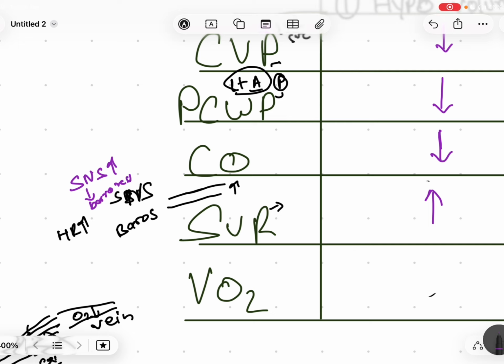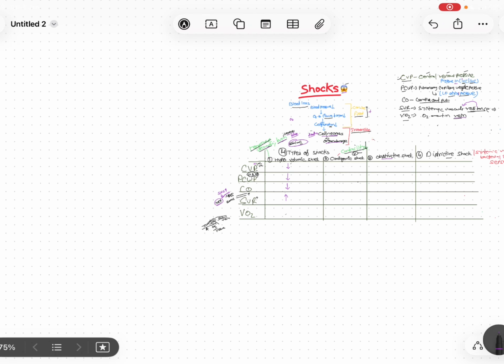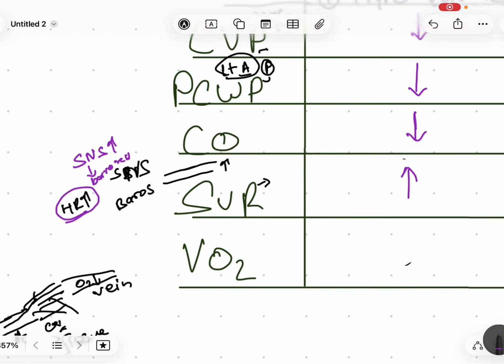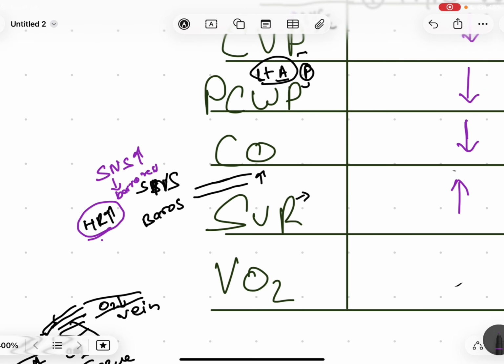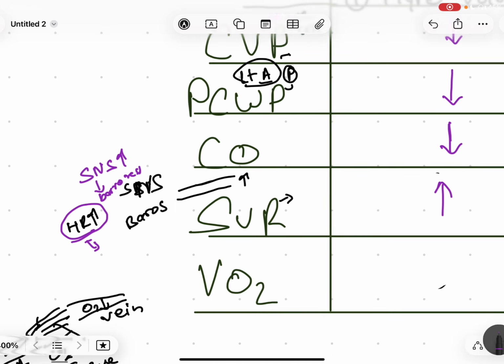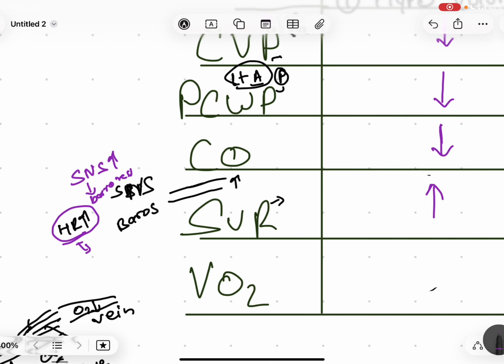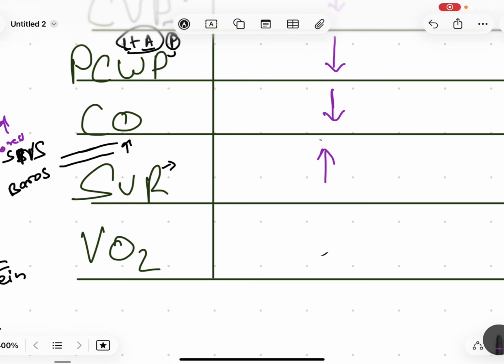Baroreceptor activates and it increases the heart rate to maintain blood pressure. So that's why baroreceptor increases the resistance in vessels. So that's why it's increased.